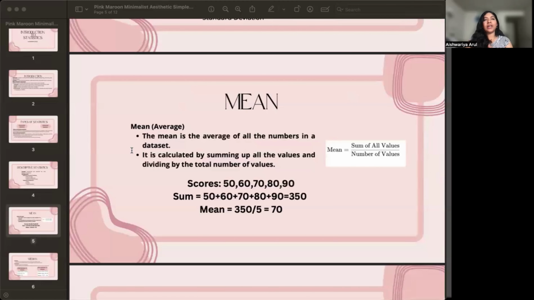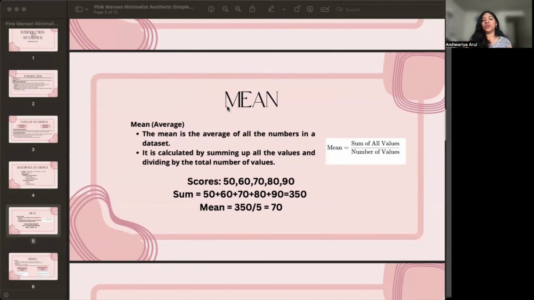If a coffee shop wants to know if the sales are going well, they use the average monthly revenue as well. Apart from that, in education, teachers calculate the average test score to understand the overall class performance. So these are the places where mean is used.